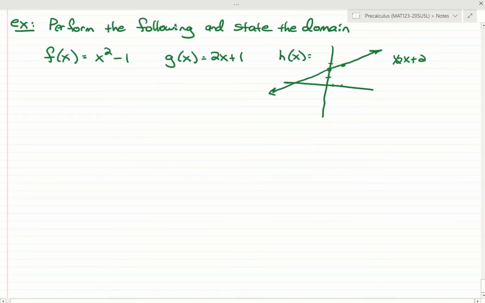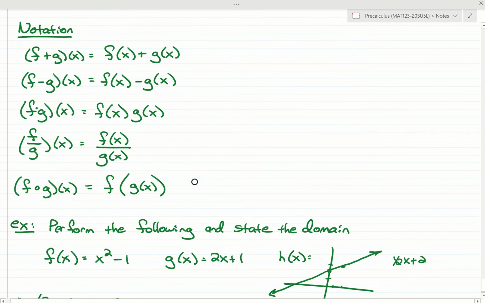Okay, so for our first example, let's figure out what f plus g of 1 is. This doesn't mean we're multiplying by 1; this means instead of this being an x, like we have in the notes, we're going to put 1 in for all those x's.